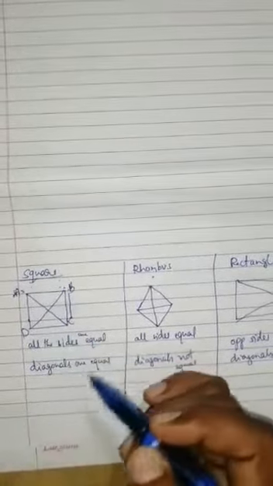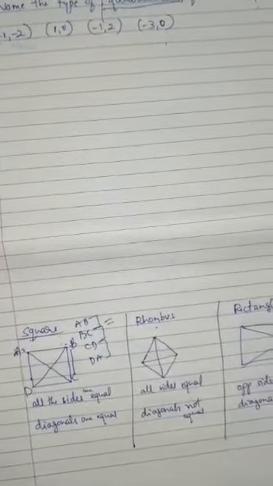We must find AB, BC, CD and DA. Even if the four sides come equal, it may be a square or a rhombus.